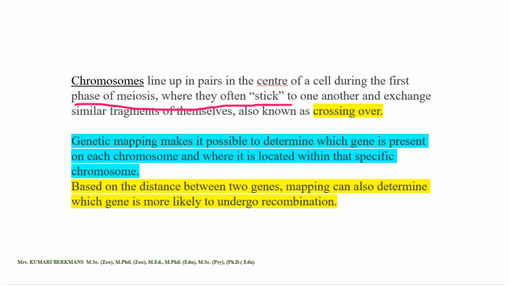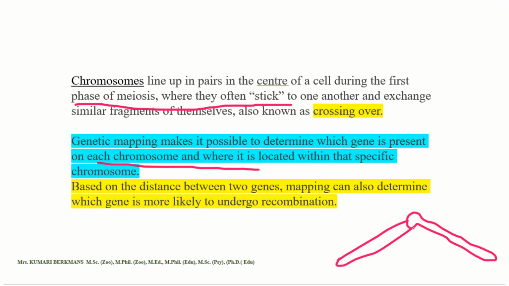Now, genetic mapping makes it possible to determine which gene is present on each chromosome. So this is very, very important while they exchange their genes. This gene mapping is very useful to study which gene has moved to which chromosome, and the exact location of a particular gene on a specific chromosome.